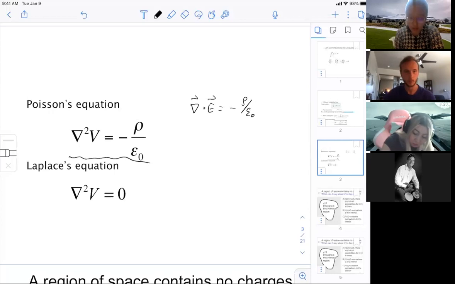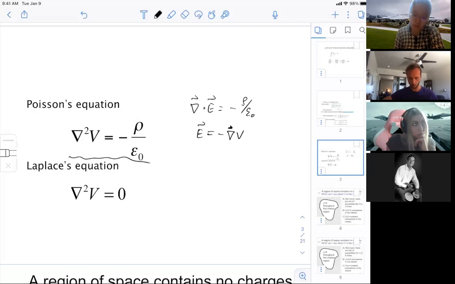That's Gauss's law. At the same time, we also know E is the negative gradient of V. Sometimes I put a little vector arrow on the gradient, because when you take the gradient of a scalar, you actually get a vector.